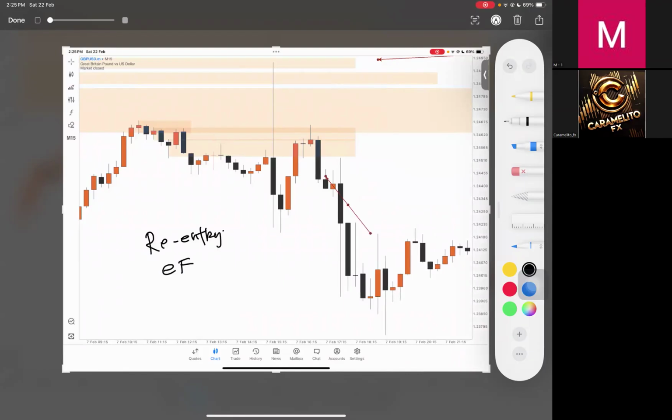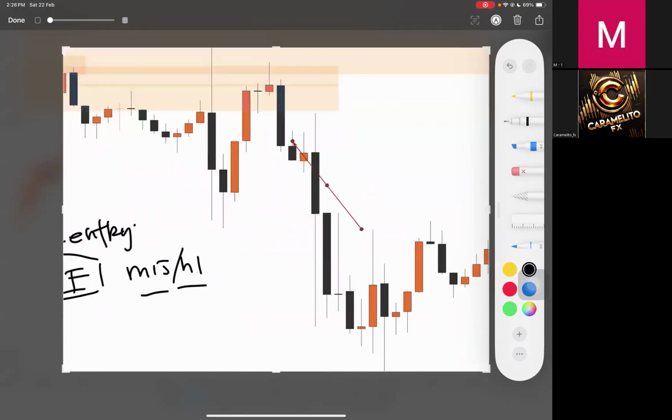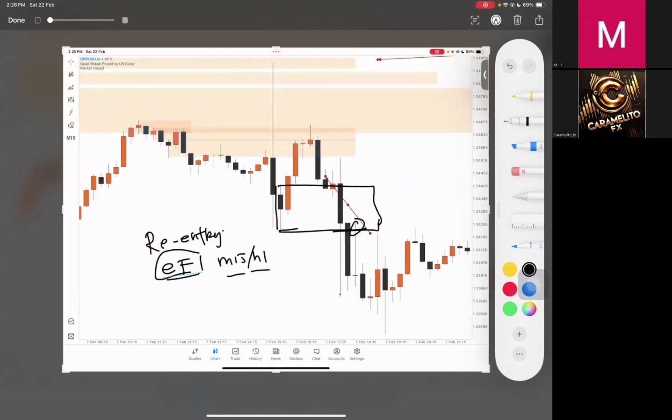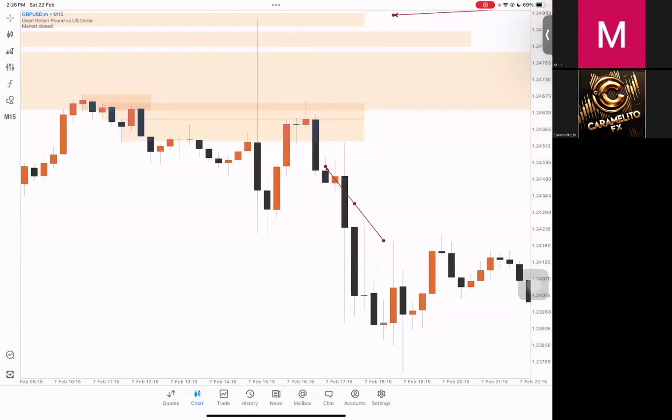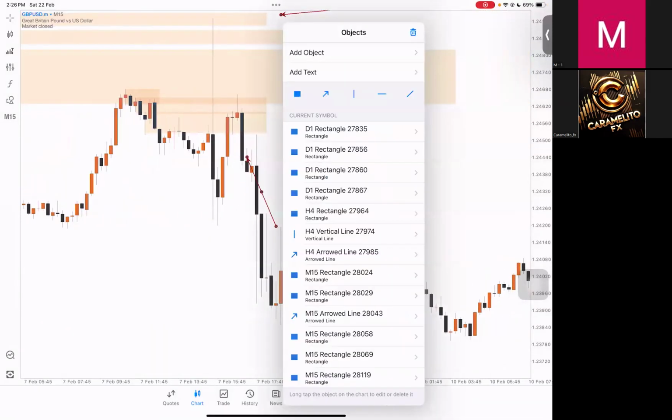The best re-entry is on engulfing fail, either on M15 or H1. Where is the engulfing fail? It's a bit far away from your zone, but it's okay. You enter here, around this area, and what happens? After you enter there, price goes down.